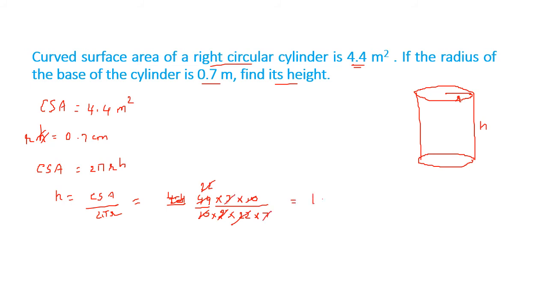So nothing remains. So 1 meter is the height of the cylinder. Here we are not told to find the curved surface area. The curved surface area was given, the radius was given, we have to find out the height, but the formula remains the same.